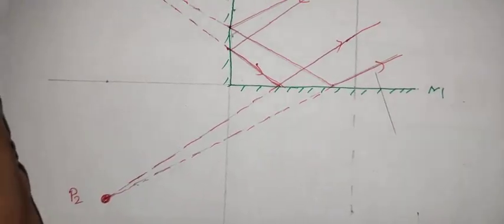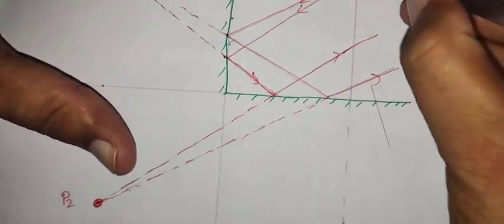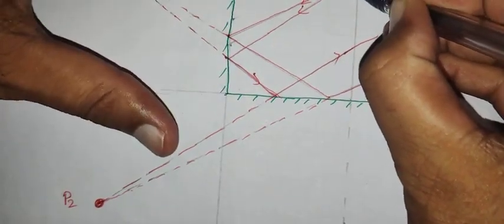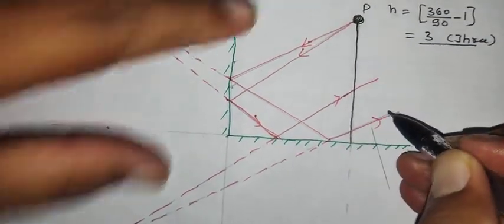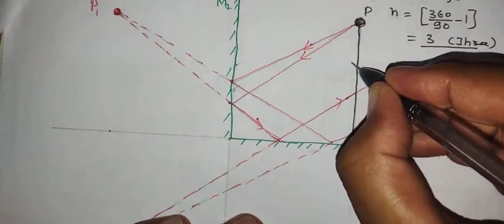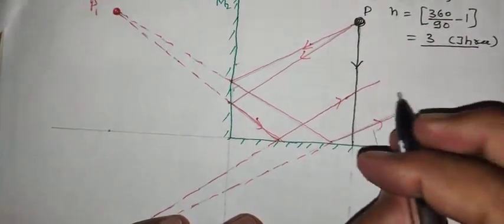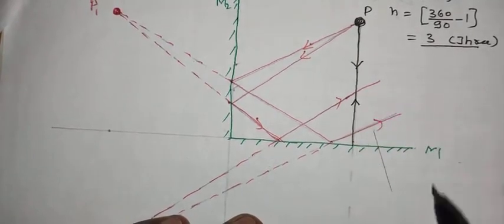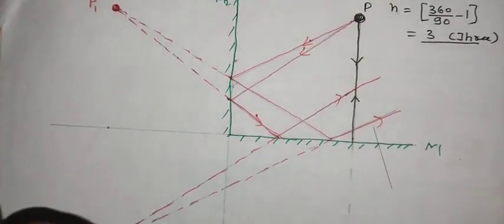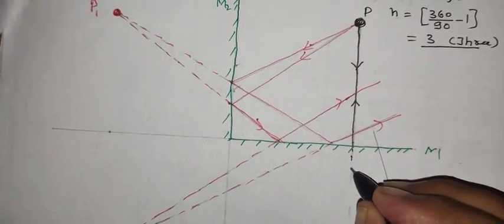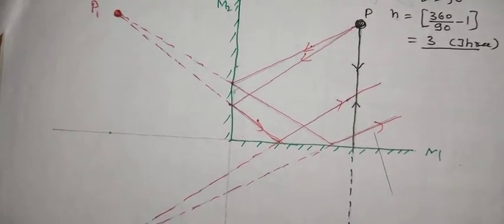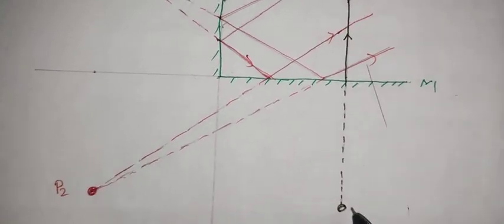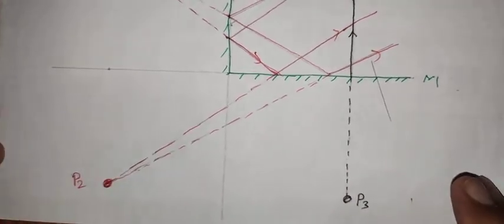Now one more ray of light we are taking from the object, represented by black color. The other ray of light is represented in red. When it falls normally, it is reflected in the same direction. When we proceed it backward, it seems to come from an equal distance here. So the third image P3 is formed here.